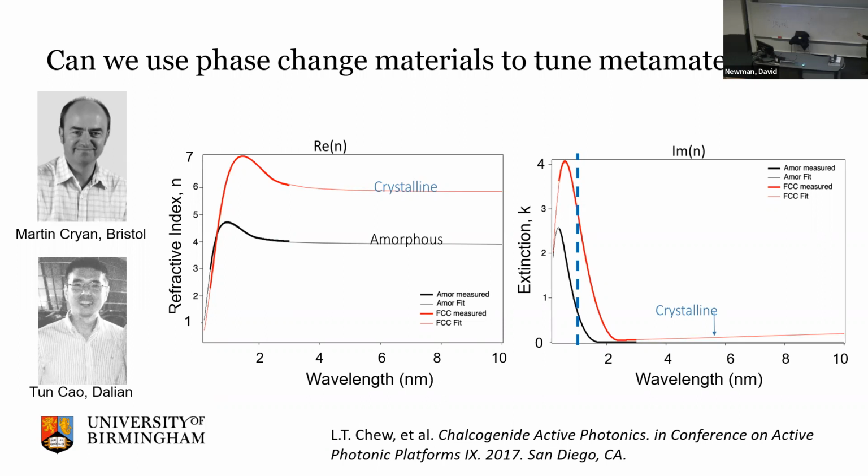Martin from Bristol was the one that introduced me to this potential application for these phase change materials. And he had a student or a postdoc that had finished working in Bristol and took a faculty position in Dalian University.